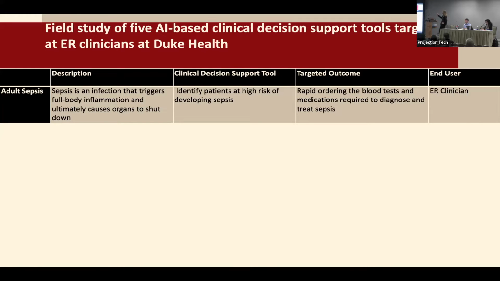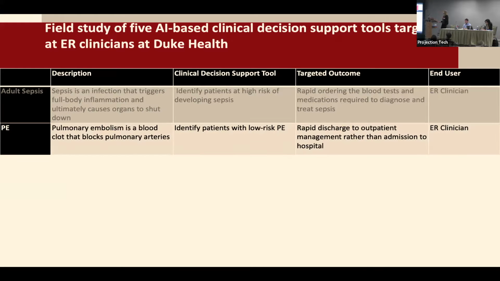The idea is that if we can detect patients at high risk of sepsis, then we can rapidly order blood tests and medications, and prevent some of the downstream progression of sepsis. Another example is pulmonary embolism. If we can identify patients at low risk of pulmonary embolism, then we can divert those patients to an outpatient setting and save valuable hospital space for patients who have more serious PE.